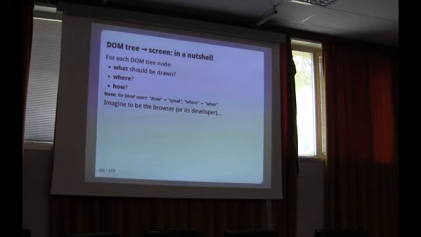So, you have that structure, the one we saw before, that is the DOM tree. How to transform a given DOM tree into a drawing on the screen from the point of view of the developer of the web browser, that is, the developer of the computer program that takes care of making this transformation?